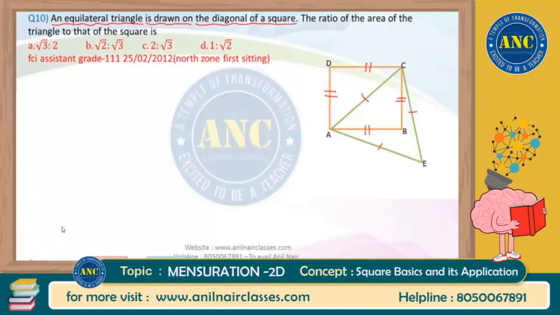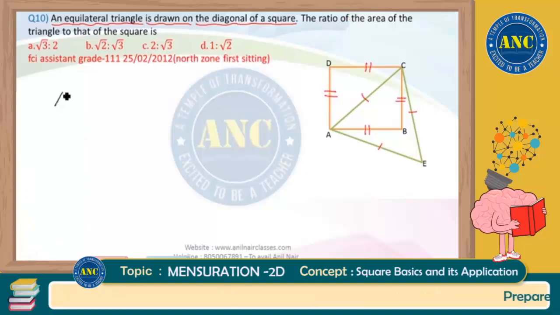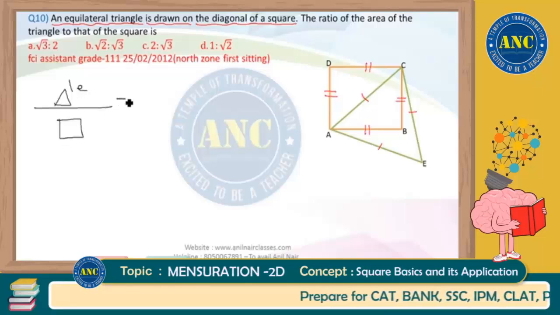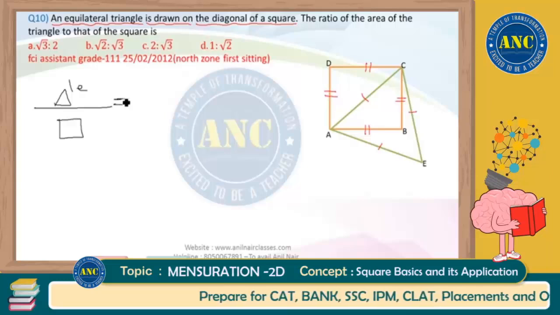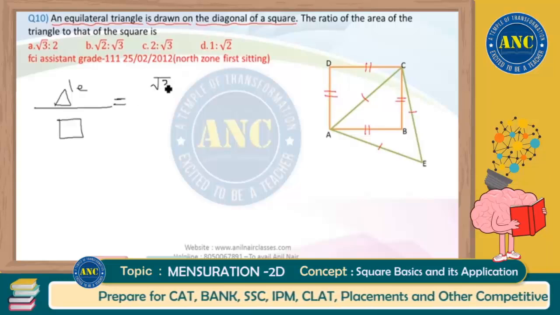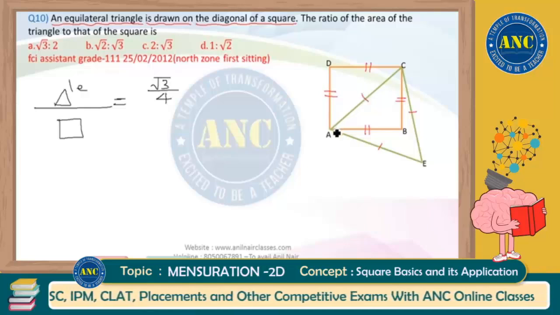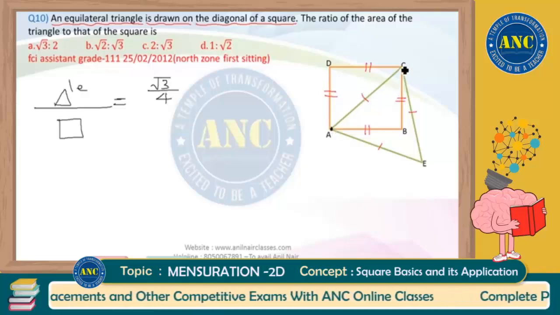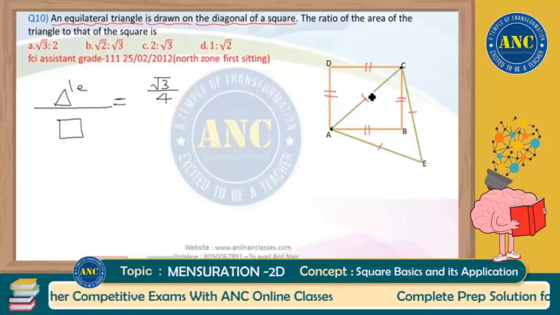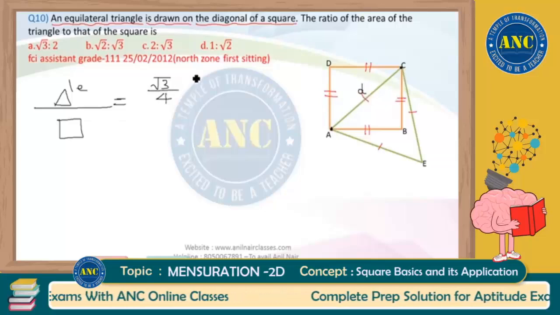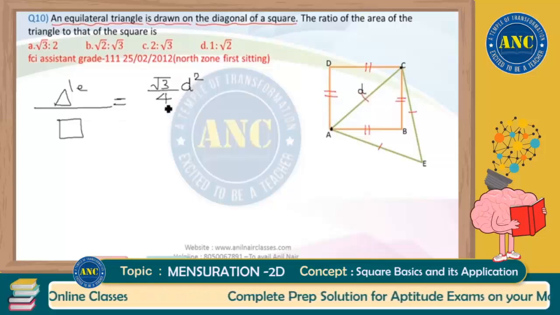Now, very easy, right, sir? Area of triangle to that of square. Now, area of triangle, which is an equilateral triangle, is root 3 by 4 into a square. But one of the sides is nothing but the diagonal of the square. So I will represent it as D. Root 3 by 4 into D square.